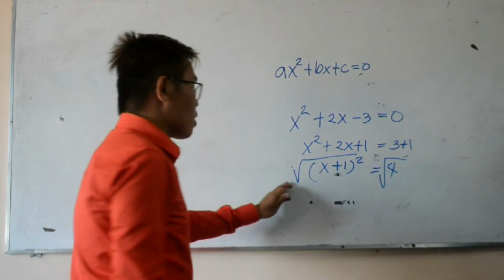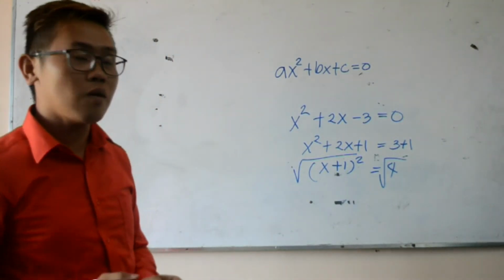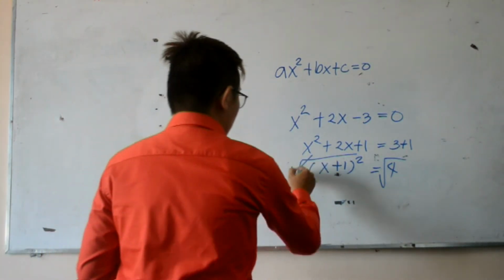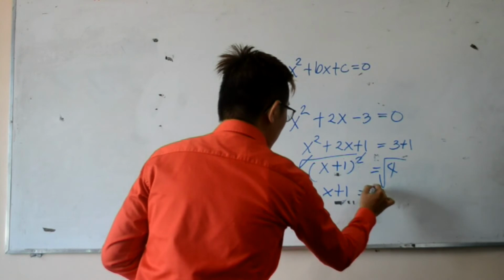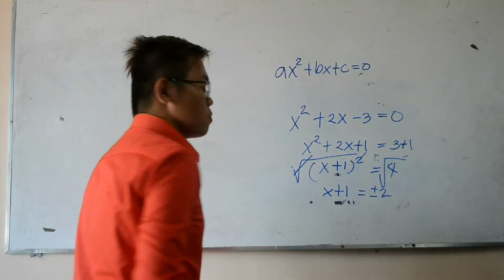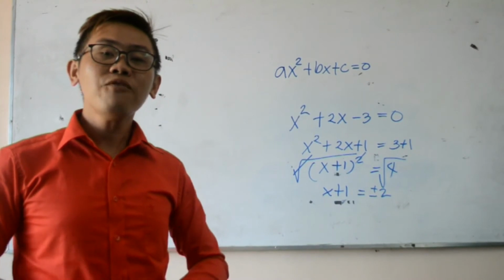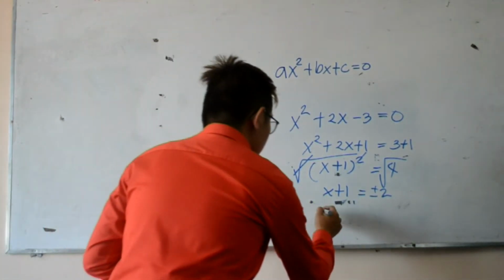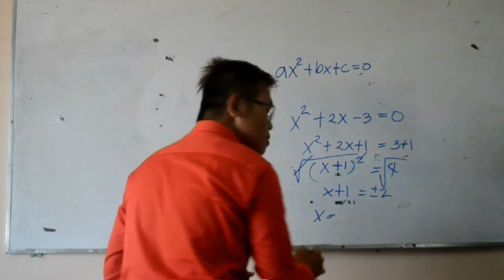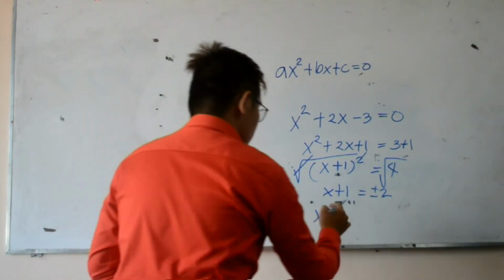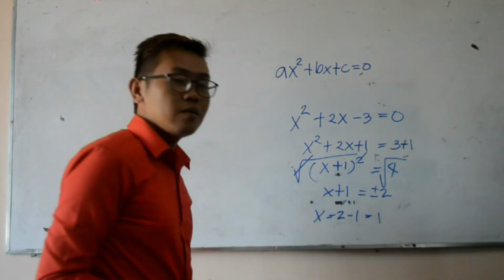So we have the square root of the quantity x plus 1 squared is equal to the square root of 4. So we have them cancel out. We have x plus 1 is equal to positive or negative 2. To find x, let's take first the positive 2. 2 minus 1 is equal to 1.